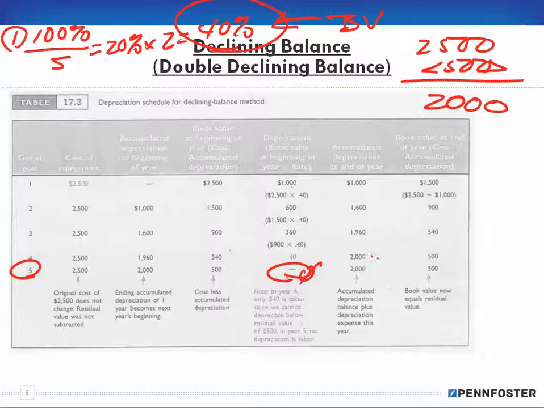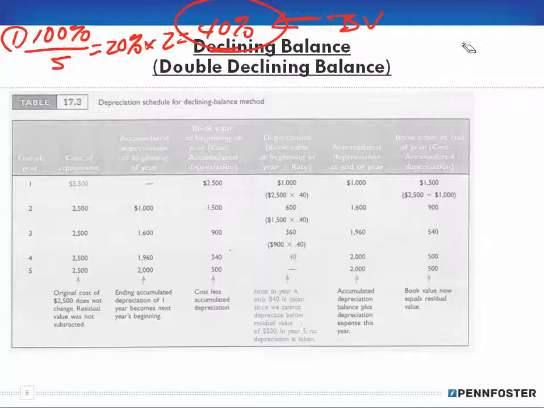So my accumulated depreciation stays the same for year 5, and so does the book value. Because remember, the book value should be our salvage value at that point in time in year 5. Okay. So I hope that made sense.